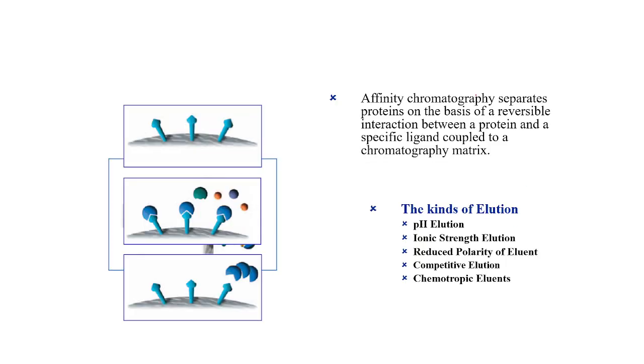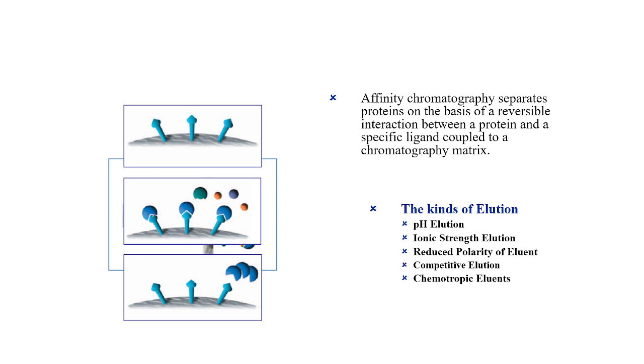Affinity chromatography separates proteins on the basis of a reversible interaction between a protein and a specific ligand coupled to a chromatographic matrix. The kinds of elution that we usually observe are pH elution, ionic strength elution, reduced polarity of eluent, competitive elution, and chaotropic eluents.